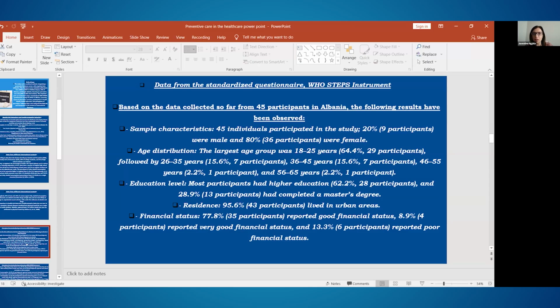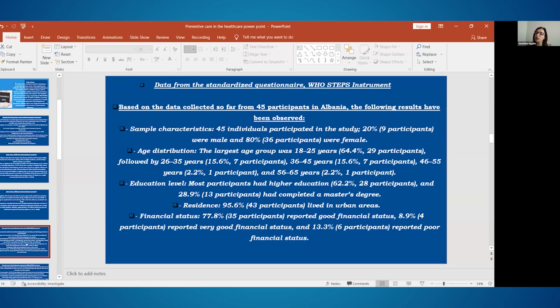So we can see in this PowerPoint that the largest age group is 18 to 25 years, exactly 64.4%, and the other age groups we can see separately. For education level, most participants have higher education, about 63%, and the other part has a master's degree.